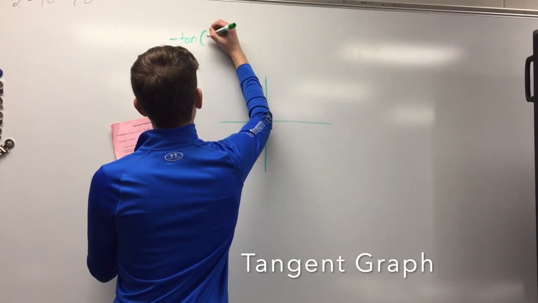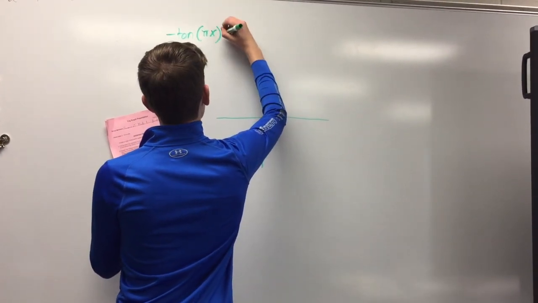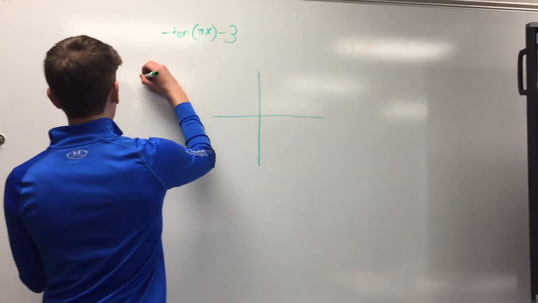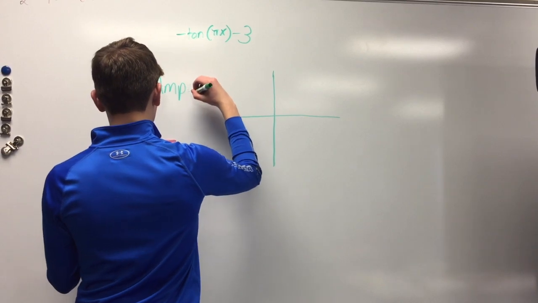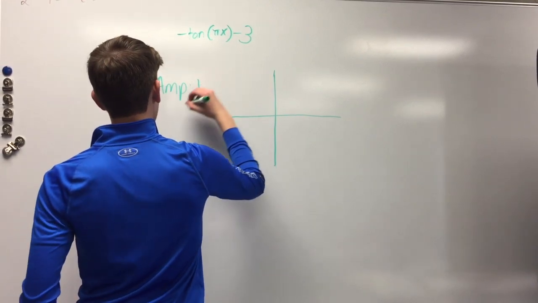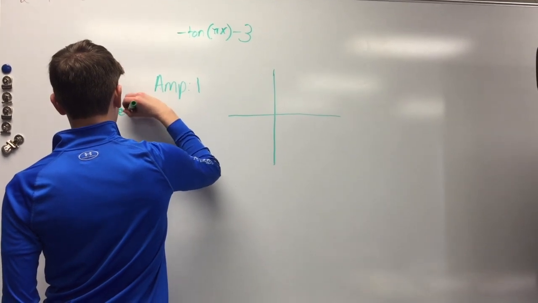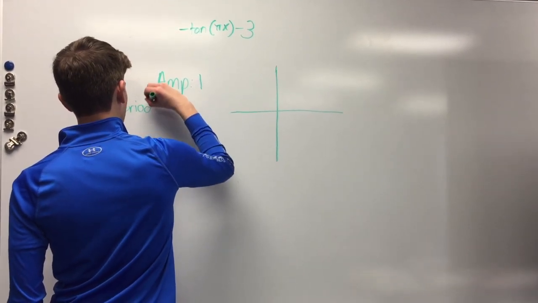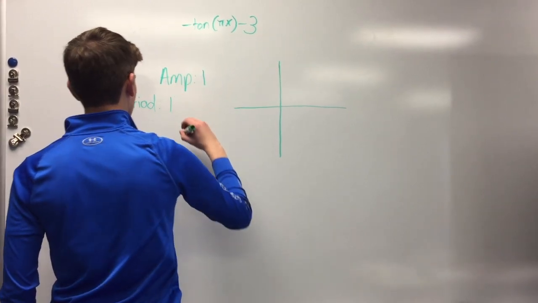The equation we were given was negative tangent of pi x minus 3. So the amplitude being the absolute value of a being negative 1, the amplitude equals 1. Period, using the equation pi over b being pi, they cancel out, equaling the period being 1.